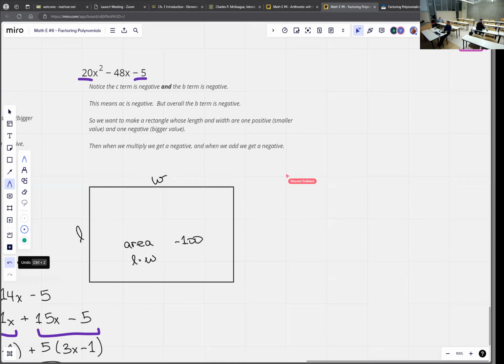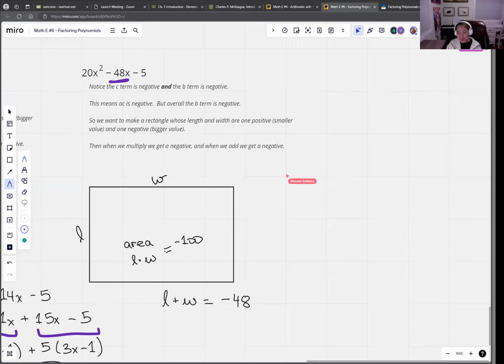And then if I add up length plus width, it's -48, because that's the middle one. Okay, all the zoomies okay?